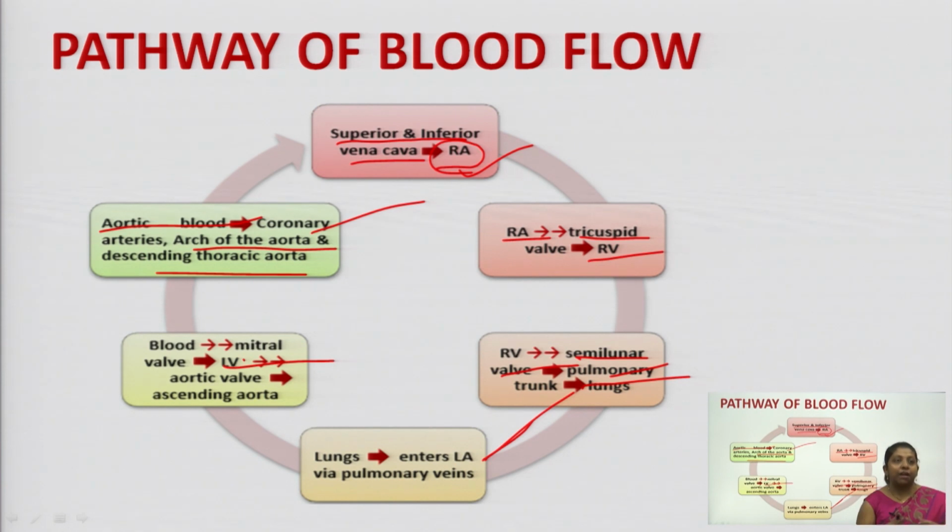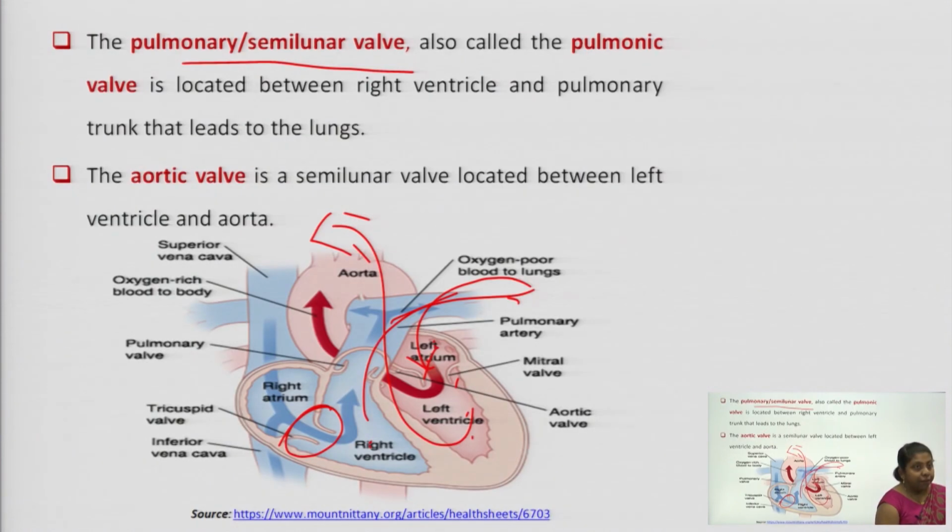Now, that carbon dioxide containing blood is collected with the help of veins, and the veins get together and convert into larger veins, that is the superior and inferior vena cava. The same process goes on: the superior and inferior vena cava take away the blood and drop it again to your right atrium.